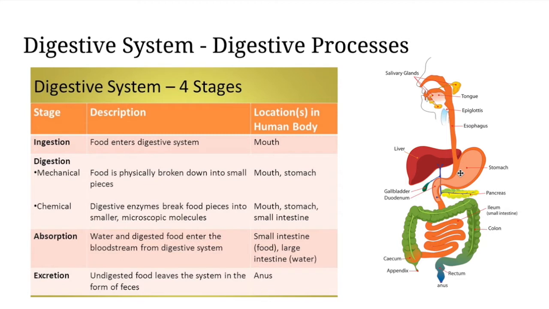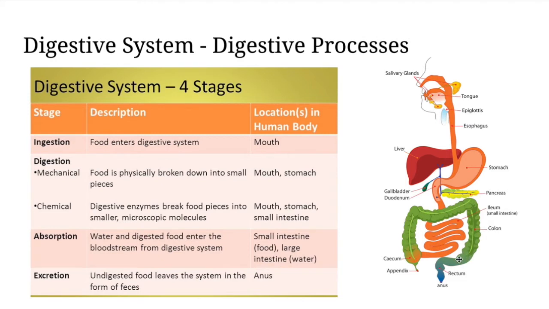And then the digested food, those small molecules that have been broken down mechanically and chemically, are going to be absorbed from inside the small intestine through the wall of the small intestine and into your bloodstream. So you would have blood vessels wrapping around the small intestine, and it goes right through the wall of the small intestine, through the wall of the blood vessel, into your bloodstream.